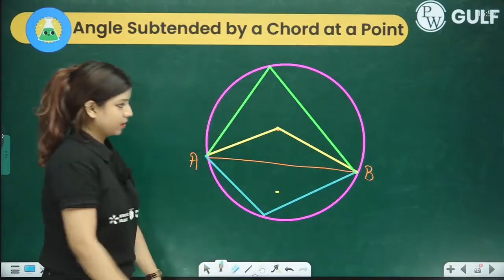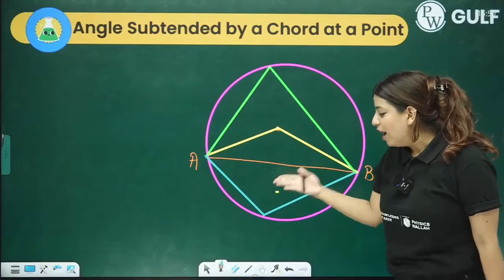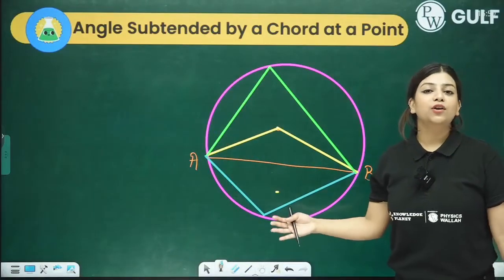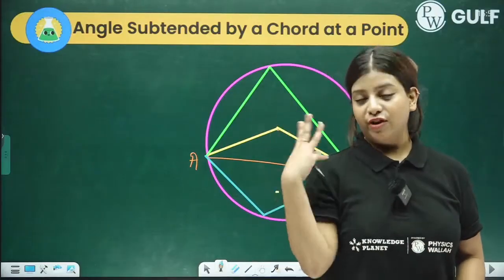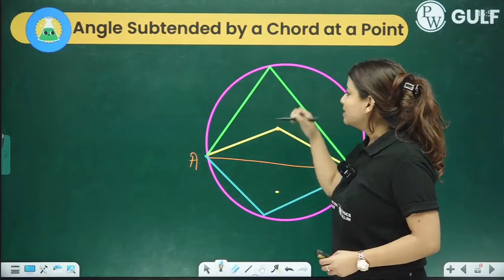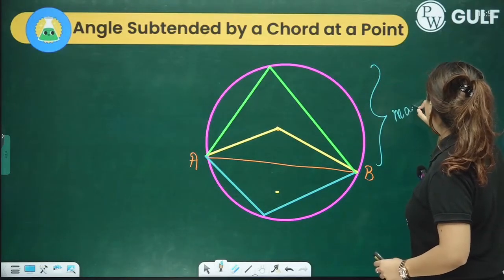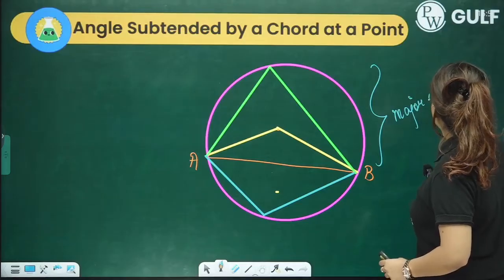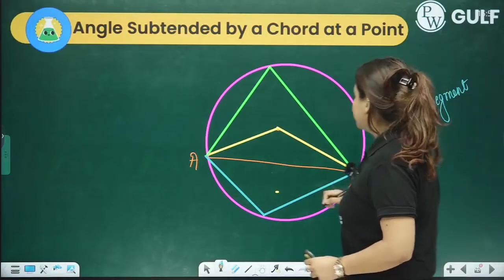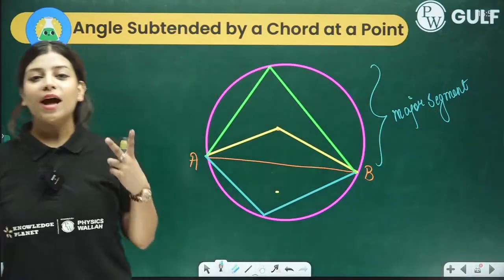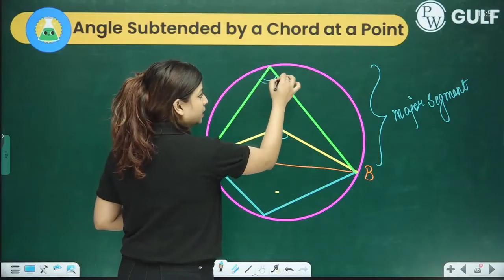Right? So what we have seen over here is that when a chord is drawn, that particular chord can subtend 3 different angles. So 2 angles in the major segment, one at the center and the other in the remaining part.